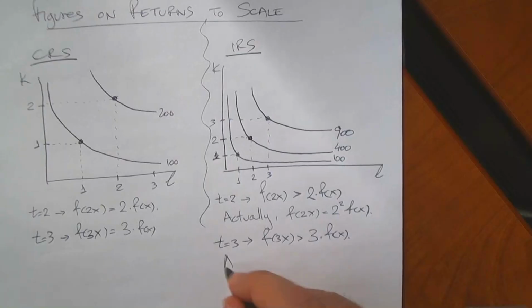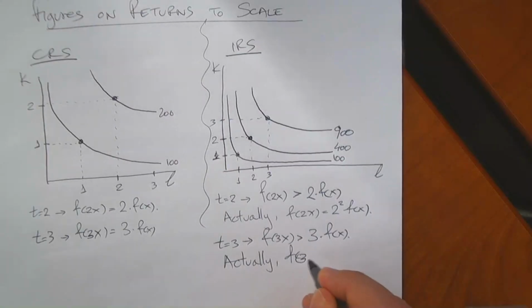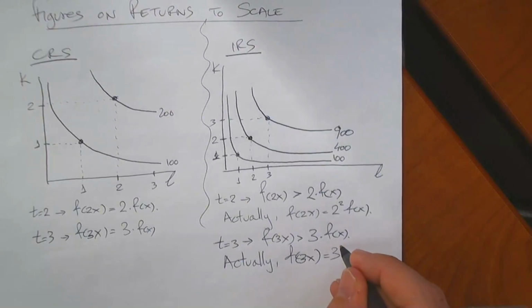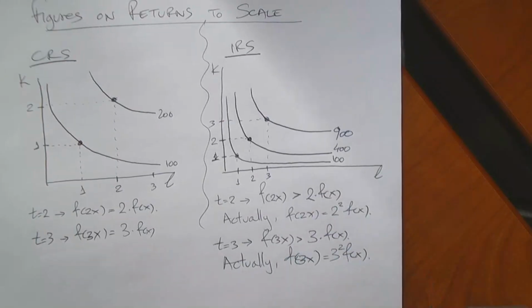So here, given the numbers that we decided on, the f value when you triple the amount of inputs that you're using is going to be 3 to the power of 2 of f of x, right? And now you know why this is happening, right? You have this functional form that is homogeneous of a specific degree that is greater than 1.